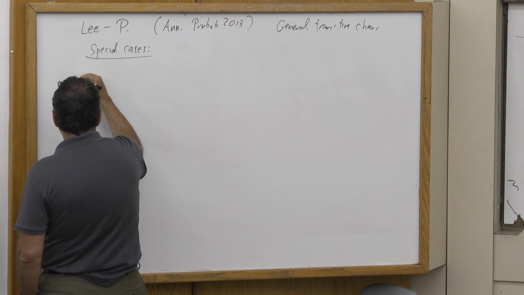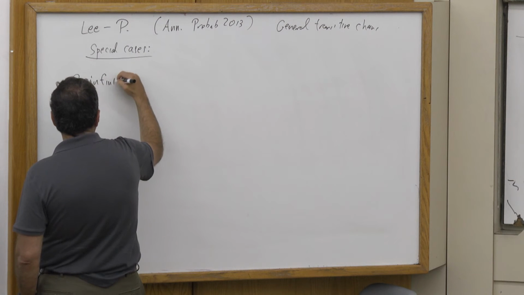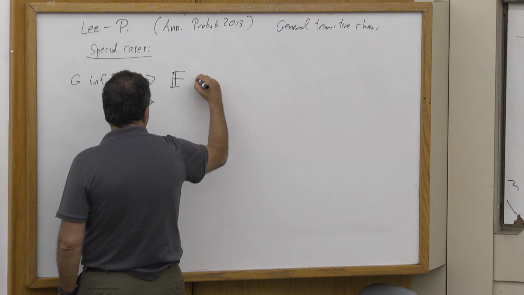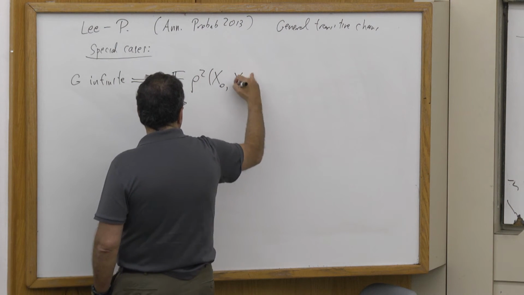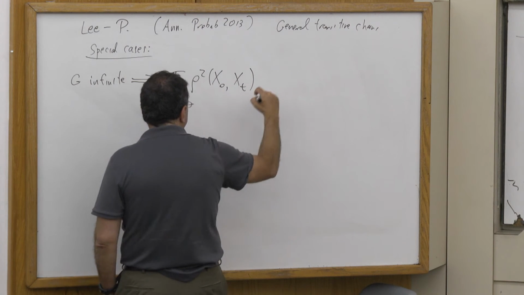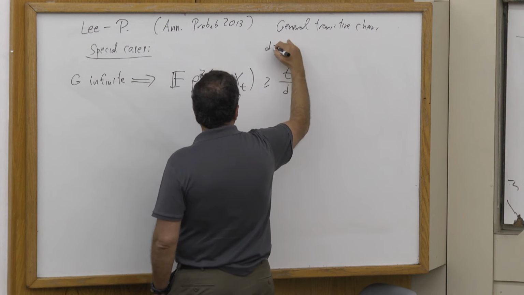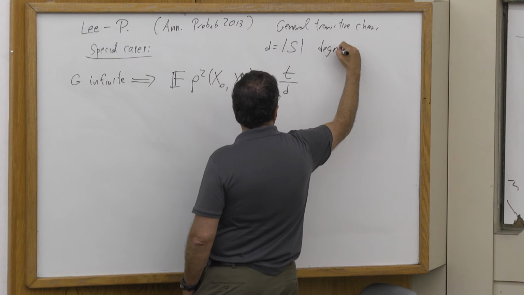It says if G is an infinite Cayley graph, then the expected distance squared from x0 to xt is at least t over d. Here d is the degree of the Cayley graph, just the size of the generator set.